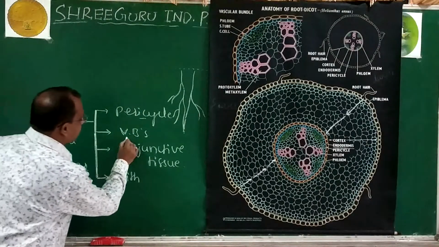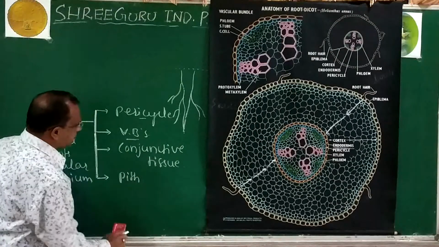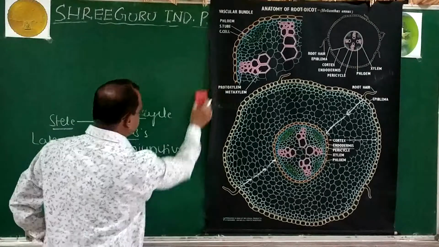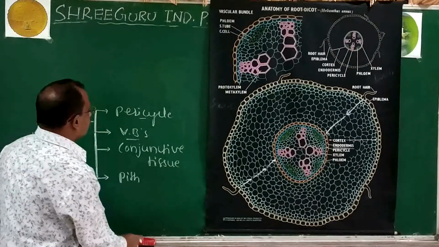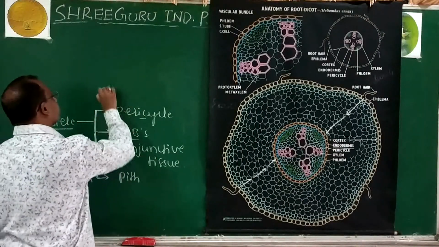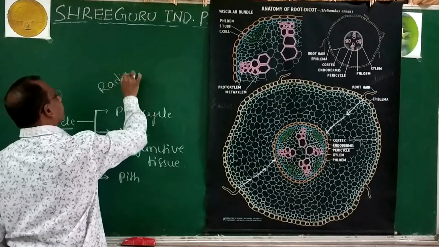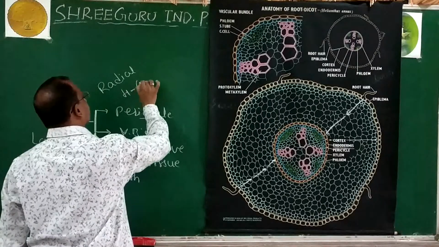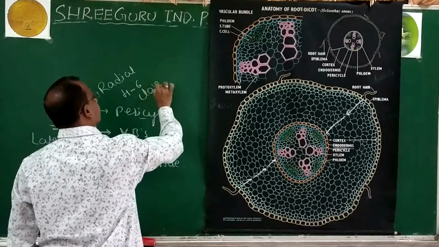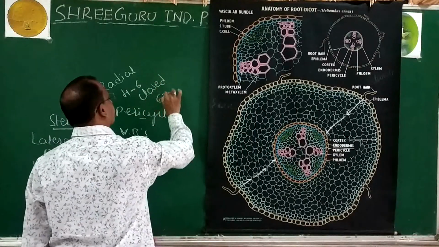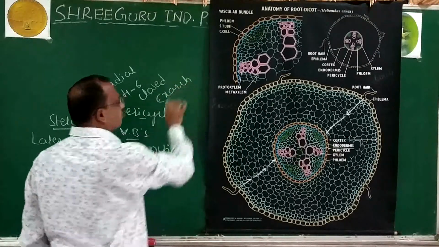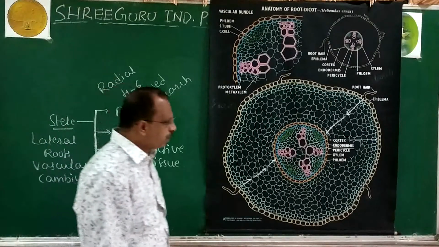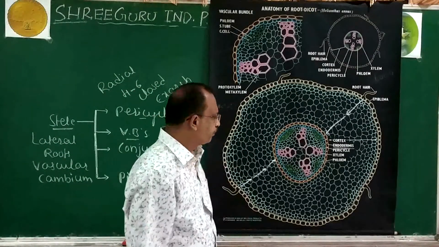Okay. So next matter is vascular bundles. Vascular bundles are radial.